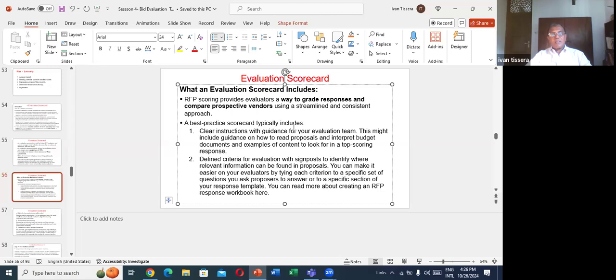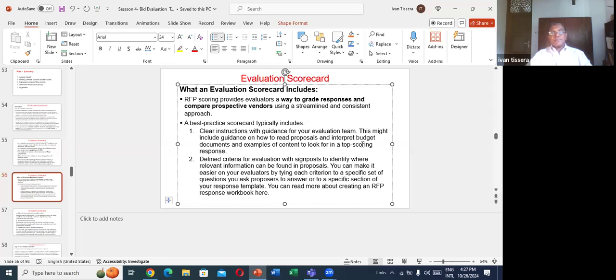A best practice scorecard typically includes, number one, clear instructions with guidance for your evaluation team. This might include guidance on how to read proposals and interpret budget documents, and examples of content to look for in the top scoring responses, right?